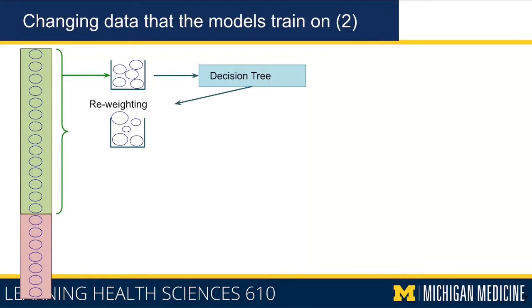Once you have done that, you use the decision tree to find which examples you make mistakes on and which ones you don't, and you weight those instances differently.